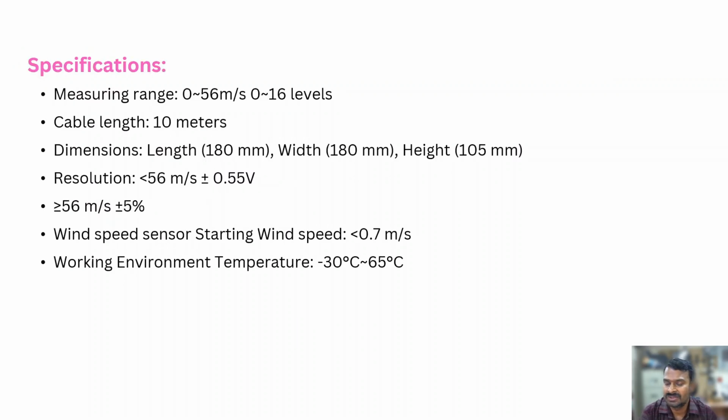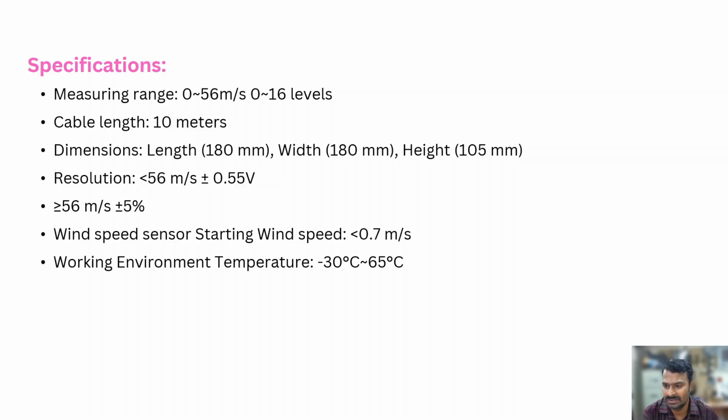The specification of this wind sensor is that it can measure from 0 to 56 meters per second. This is the range it can measure, and the cable length is almost 10 meters, and the dimension is also given here. The resolution is that less than 56 meters per second produces plus or minus 0.55 volt.